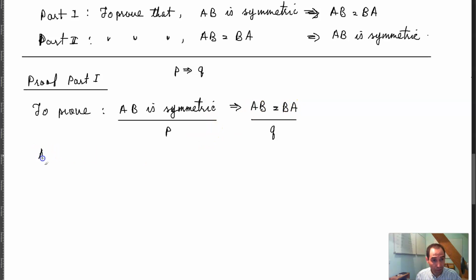So now I'm going to assume that P is true. In other words, I'm going to assume that AB is symmetric.